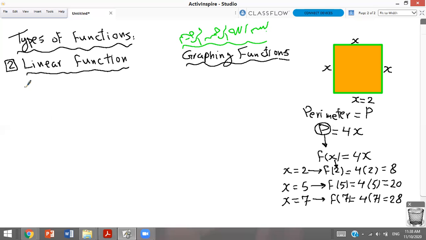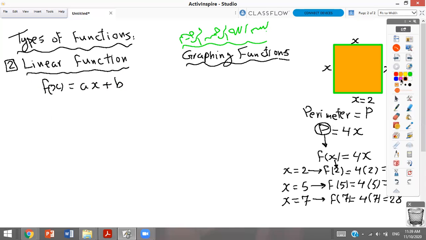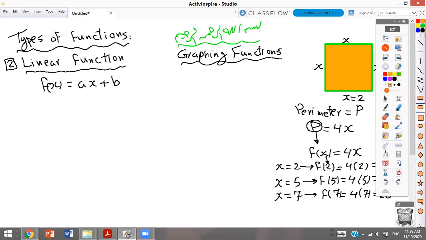Then today about linear function, what is the general form? It will be f of x equals ax plus b. We can put it inside a rectangle.